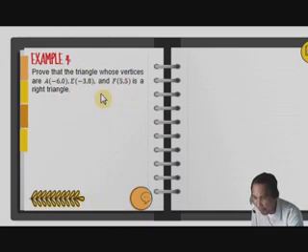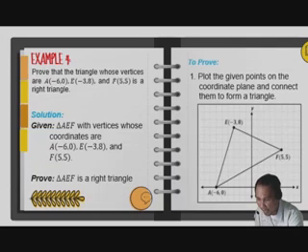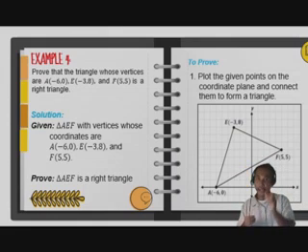Patutunayan natin na ang mga points na to ay bumuo ng right triangle. Ibig sabihin nun, mayroong 90-degree angle. Paano natin i-prove yan? Ipa-plot natin yung points. Ayan. So, sa pagpa-plot ng points, siyempre, ang ating point dito ay hindi nakatapat sa origin at hindi nakatapat sa ating x-axis, yung isang side.